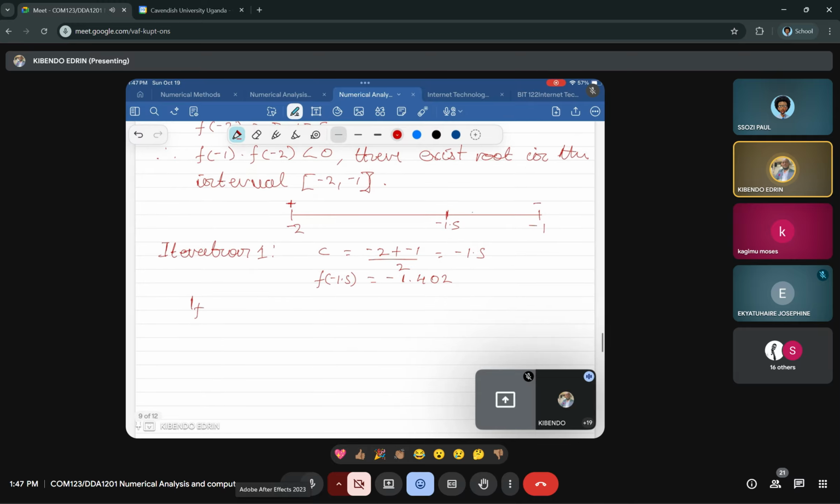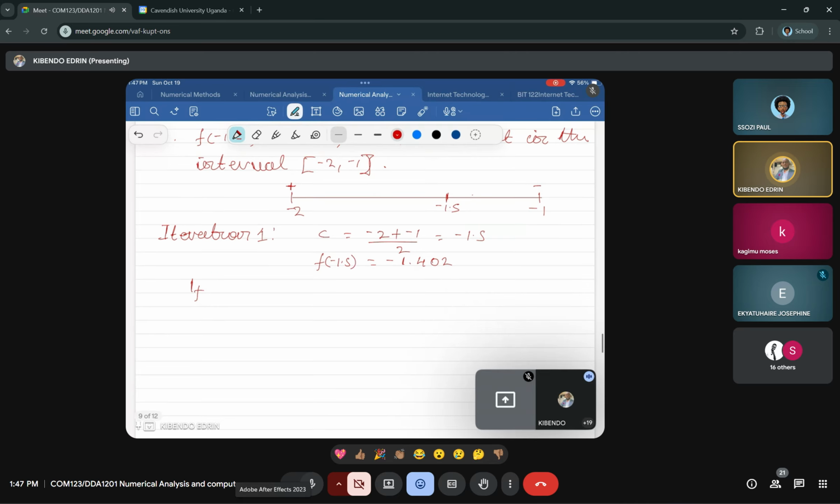Because this confused me a little bit personally, the one that I'm using is that if f of x lower bound, f of xr, which is the C, is less than 0, then my x upper bound becomes the xr.